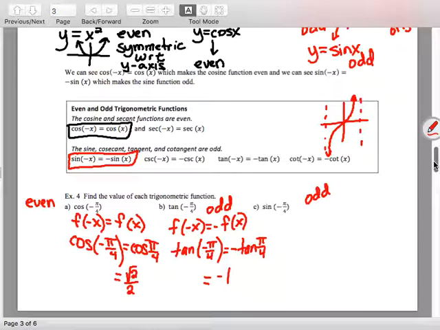Sine is odd, so the sine of negative pi over 4 is equal to negative sine pi over 4. And so sine of pi over 4 is radical 2 over 2, so that's negative radical 2 over 2.